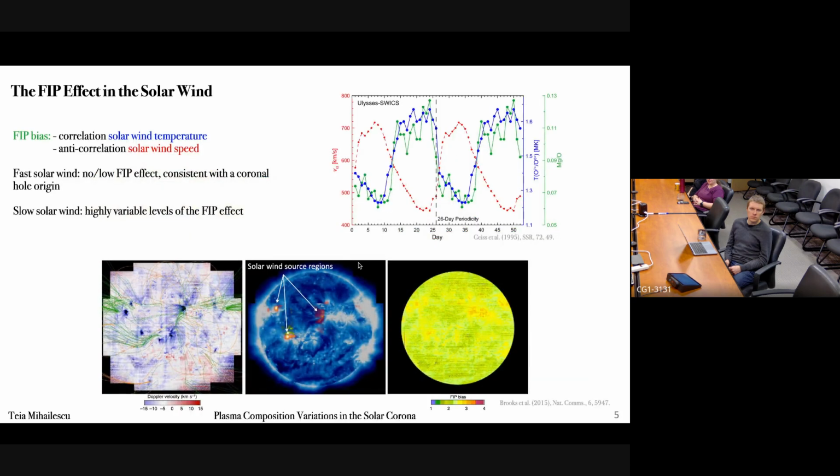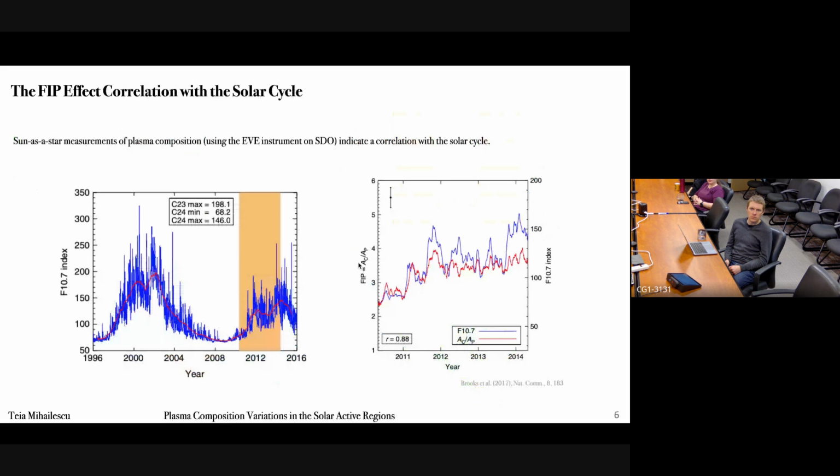Okay, so this was in the solar wind. Oh yeah, it's here. So we also see this correlation of the FIP bias for the Sun as a star. This study was done using measurements from SDO EVE. The plot on the left shows how the solar cycle varies, using the F10.7 index, which is a proxy for solar activity, and you can nicely see solar cycles 23 and 24.